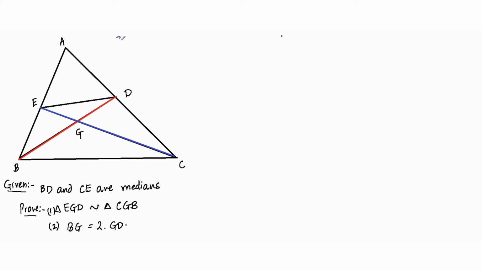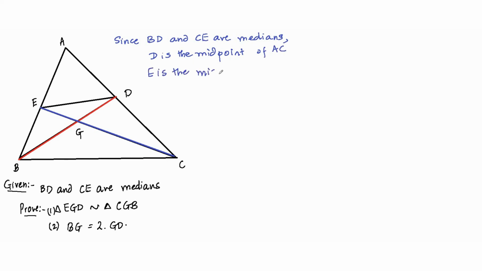So since BD and CE are the medians, I can say that D is the midpoint of AC, and I can also say that E is the midpoint of AB, right? So I have the two midpoints. That means these two lengths are equal, and AE is also equal to EB.